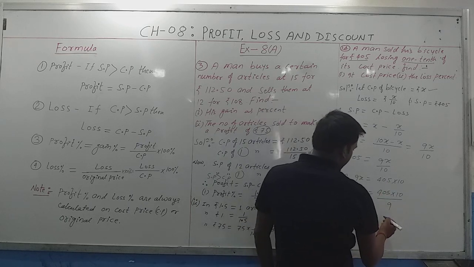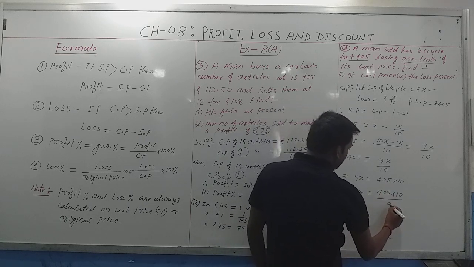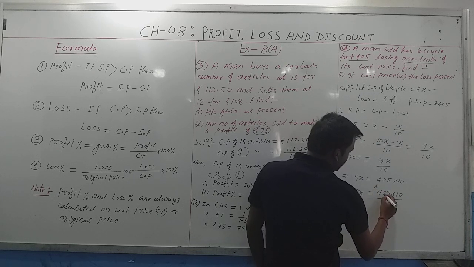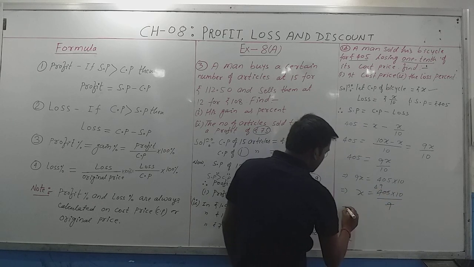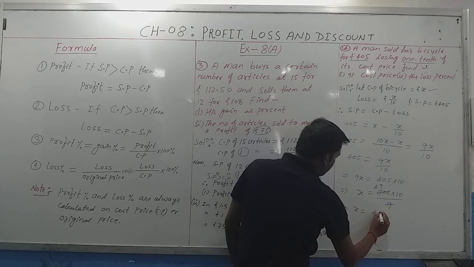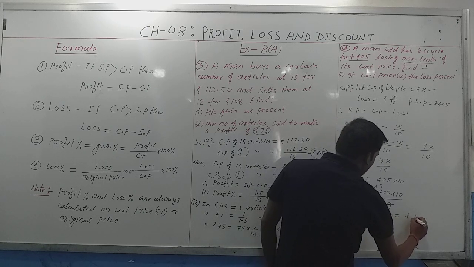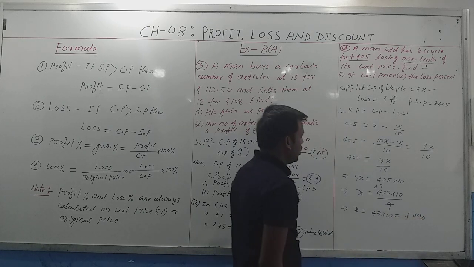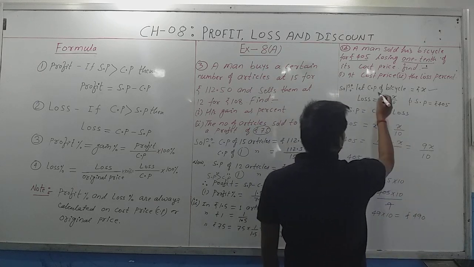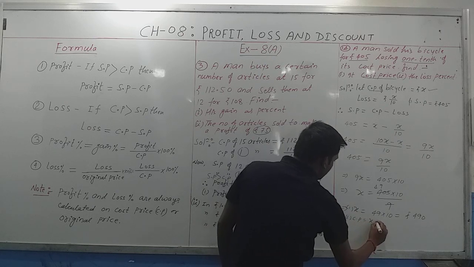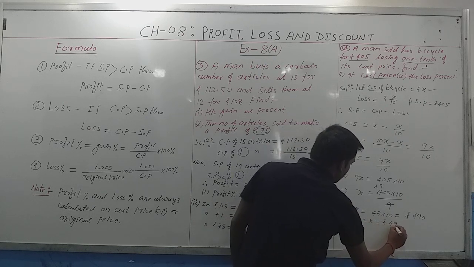Just calculate it. 9 times 4, and here is 4 and 5, 9. So x is equal to 45 into 10, which is rupees 450. So this x is the cost price. So the first answer is CP is equal to x is equal to rupees 450.